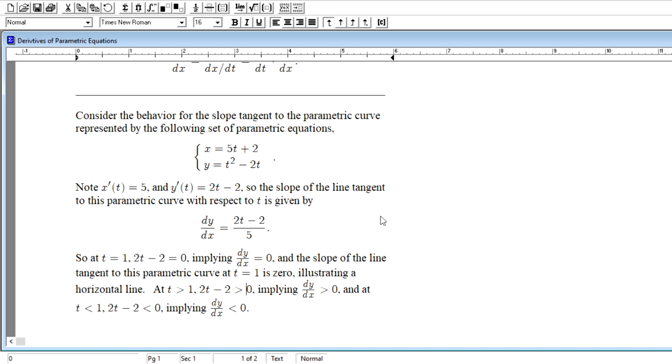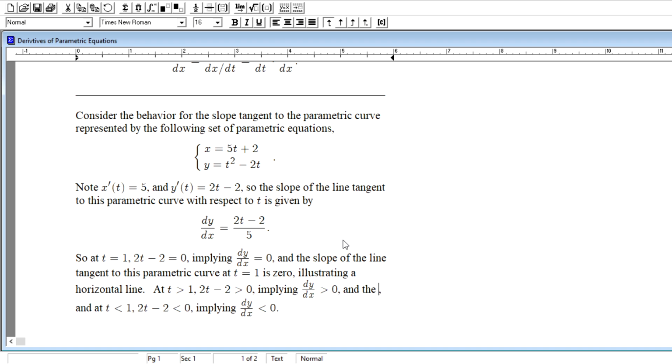At t greater than 1, then, if you were to think about t values equal to 1 is where we're going to see the slope be 0, being this horizontal line. At t greater than 1, the quantity 2t minus 2 will then be greater than 0. And if this numerator is greater than 0 divided by this value of 5, which is also greater than 0, that will imply that dy dx is greater than 0.